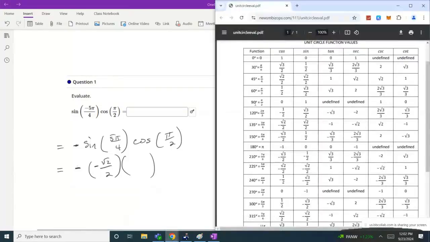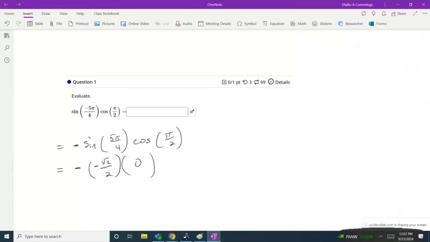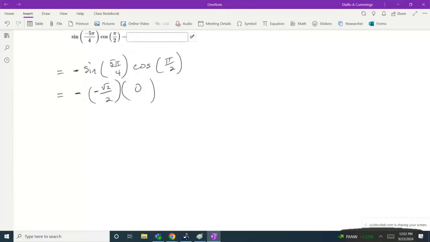If I look in the unit circle, the cosine of pi over 2 is 0. A negative times a negative is a positive, so this is square root of 2 over 2 times 0, which is 0.